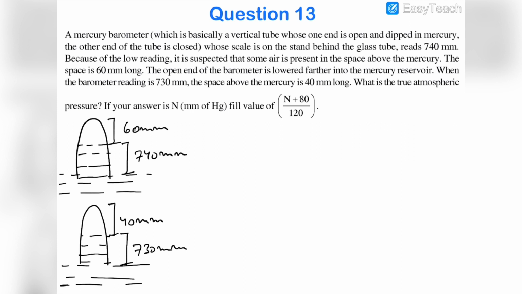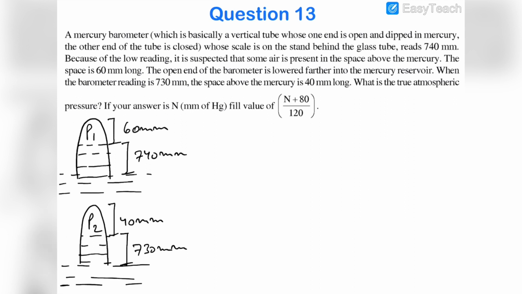So now we have to find out the true pressure of atmosphere in terms of mm of Hg. So let us assume that the initial pressure of the air inside this barometer is P1, and inside this barometer is P2.